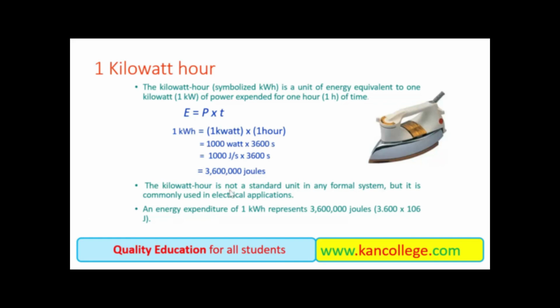And this total amount of energy is known as 1 kilowatt hour. When the iron expends this amount of energy, then we have to pay the bill of 1 unit. The kilowatt hour is not a standard unit in any formal system, but it is normally used in electrical applications. An energy expenditure of 1 kilowatt hour represents 3,600,000 joules.